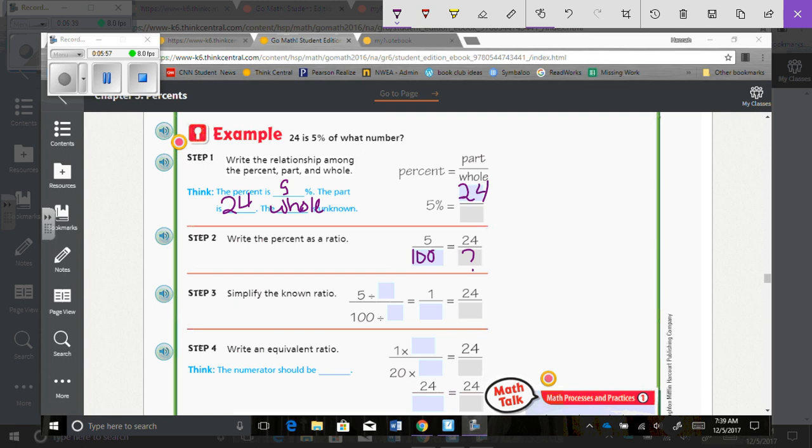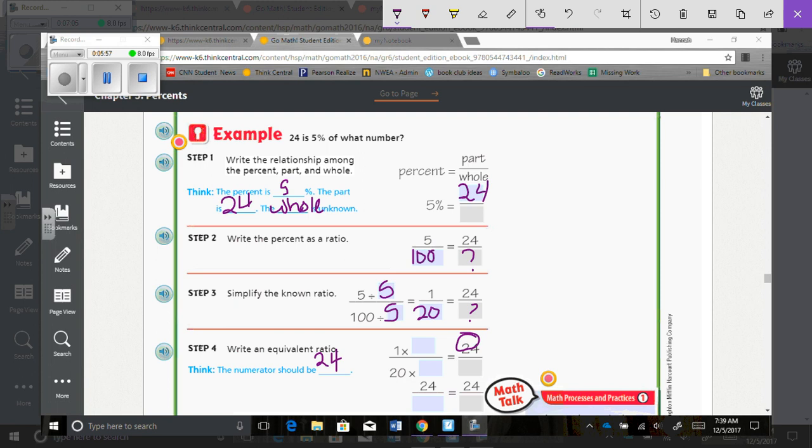Step 3, simplify the known ratio. Divide the top and the bottom number by 5. Both of those are divisible by 5, so 5 divided by 5 gives us 1. 100 divided by 5 gives us 20, and we still have 24 over the unknown. And step 4, we're going to write an equivalent ratio. The numerator should be 24, so that we can get that to be equal to this number right here.